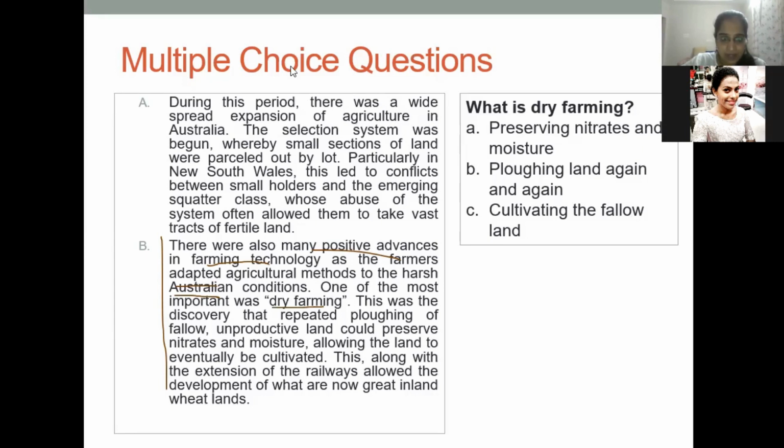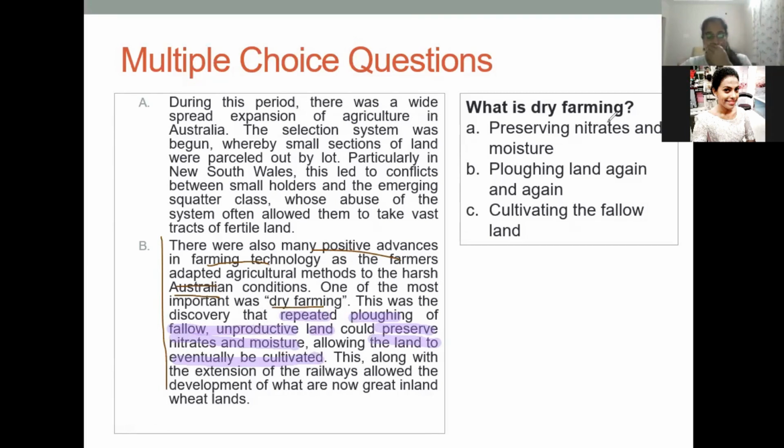This was the discovery that repeated plowing of fallow, unproductive land could preserve nitrates and moisture, allowing the land to eventually be cultivated. This is what my answer is, and I can see it. It's very evident.